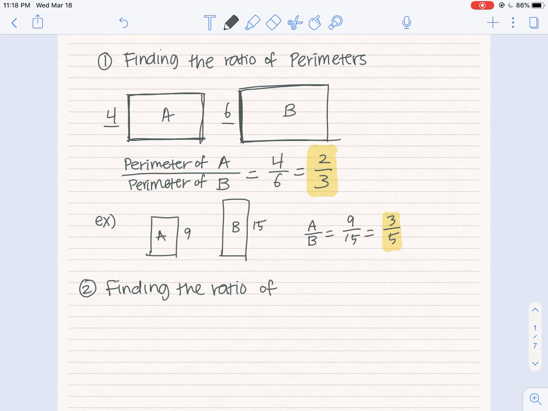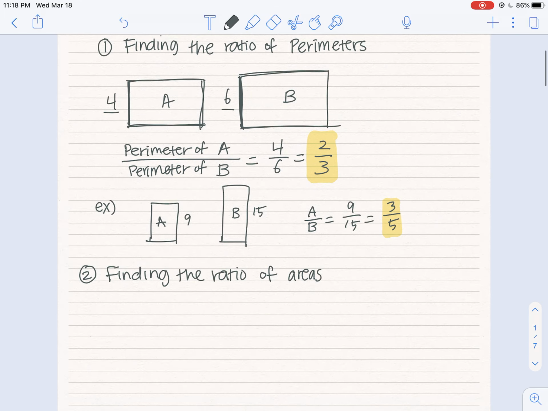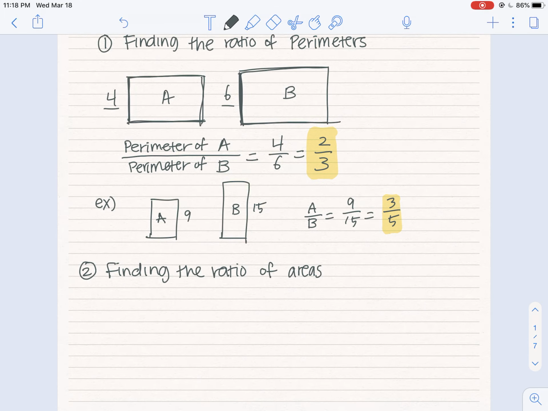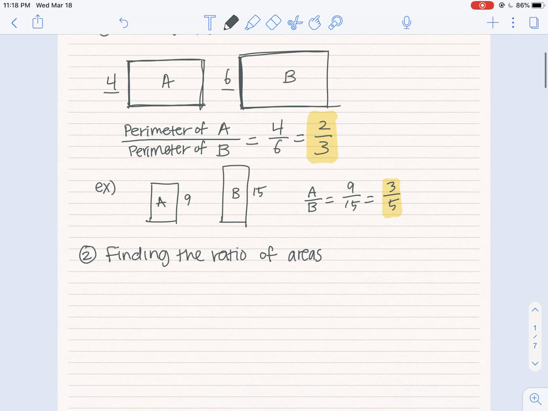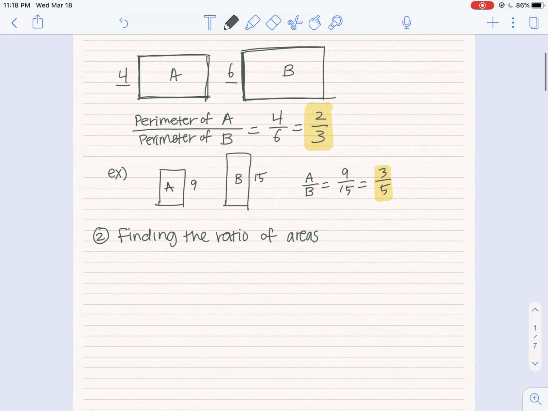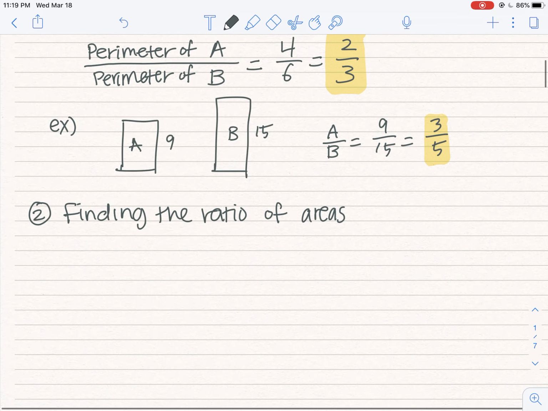Finding the ratio of areas. Okay, slightly different. Because areas you're working with multiplying two numbers, you'll actually have to square the numbers.